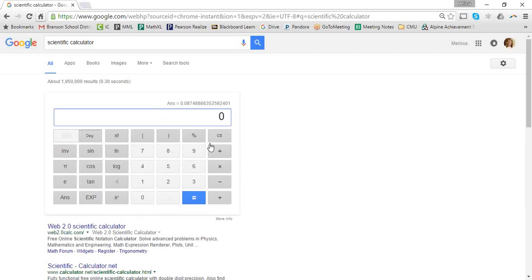Lots of times it's either second, and then you'll see it written above the button. So if you see sine, typically above it, just written right on the calculator, it says inverse sine. So to get that, you need to click second and then sine. Thank you, Kirsten, found it for me. If I click right here, inverse, INV, notice that changes my functions. Thank you, Kirsten, for helping me find that. I knew it was on here somewhere because I've done it before. So if you're using the Google calculator, inverse.